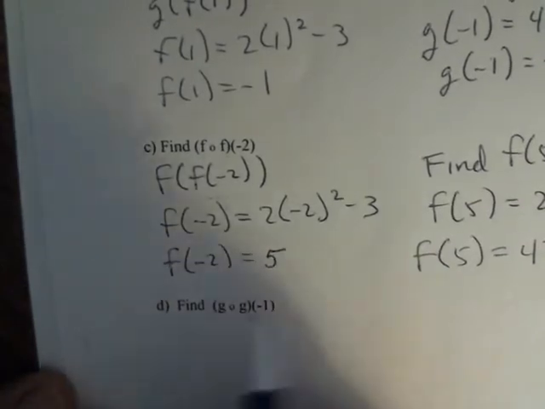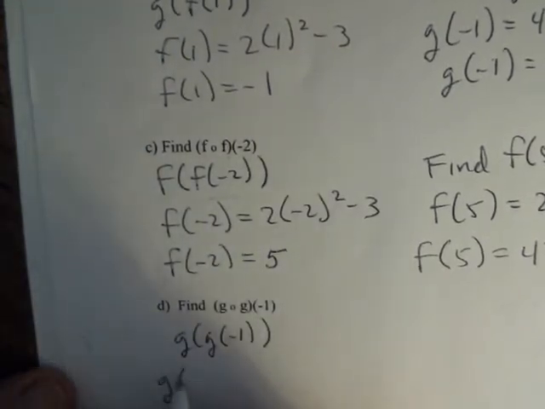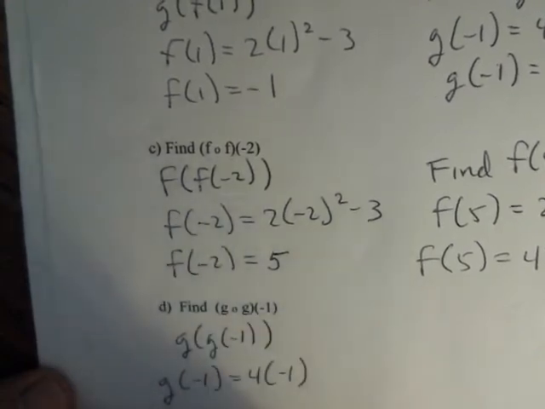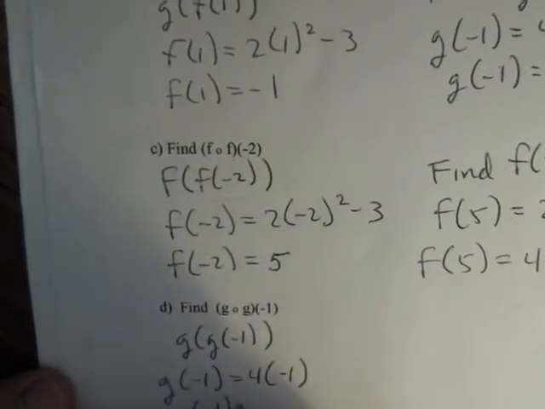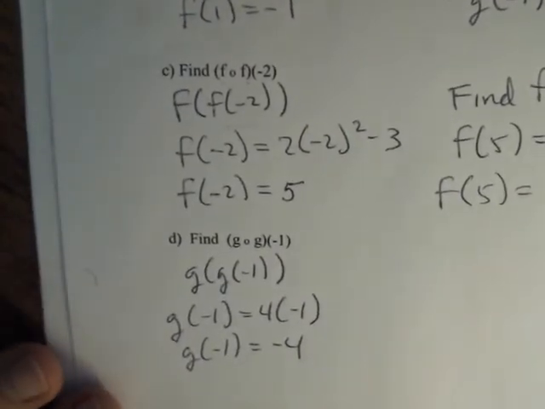Last, now we just compose g with itself. So what I'm going to find is g composed with g of negative 1. So g of negative 1 is 4 times negative 1, which is negative 4.